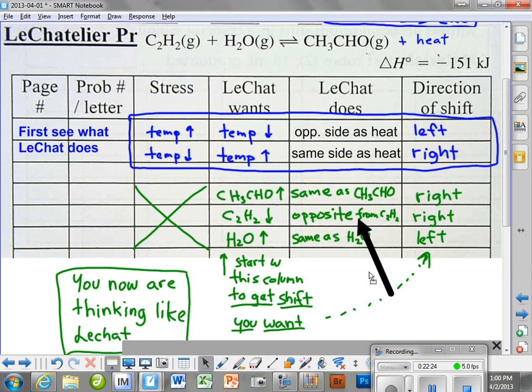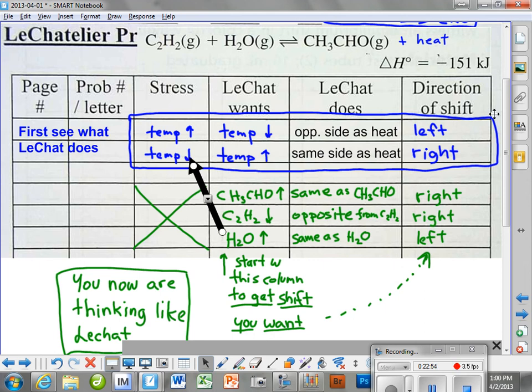Here we had a right shift because our reference point was this guy who's on the left, and we want to go opposite to the left side, which winds up giving us the same shift. So for both of these, a right shift will be caused by making a decrease in temperature as the stress. And we have just solved the problems.